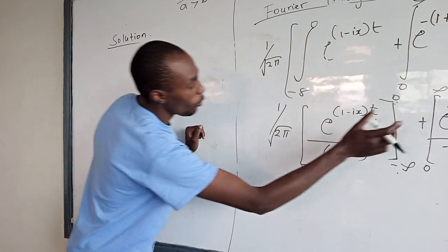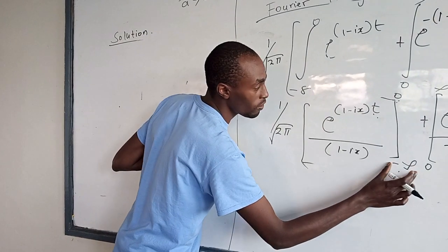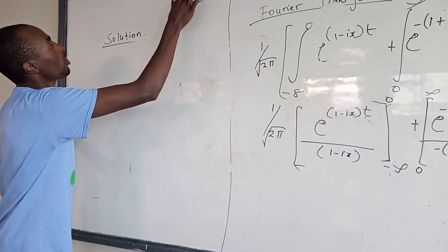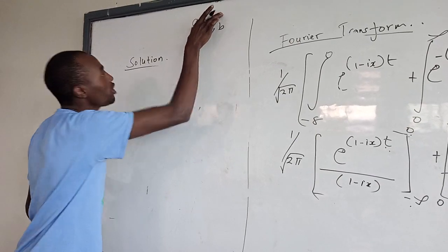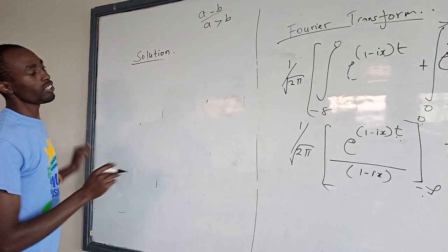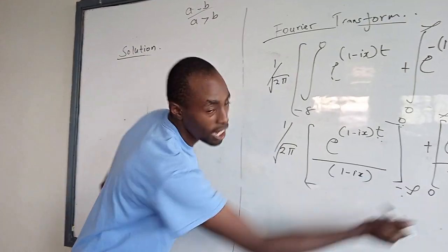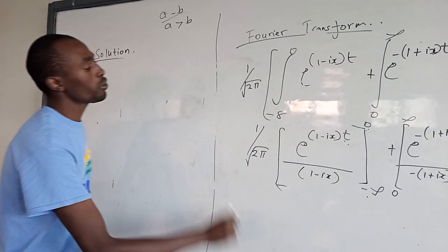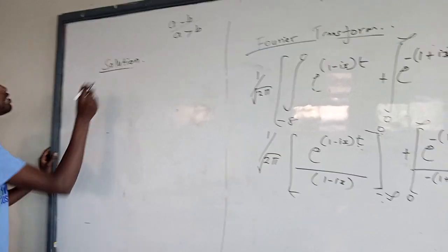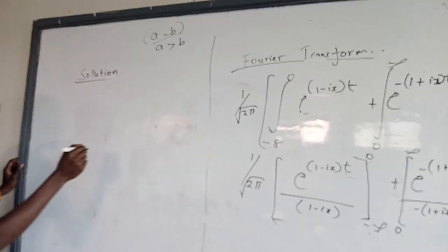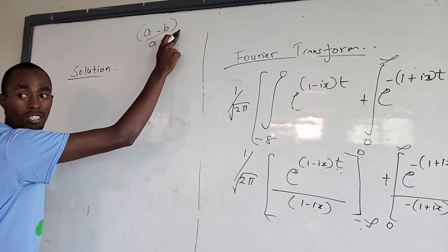So replace where there is 0 and negative infinity correspondingly into this statement here. You have said which is bigger between 0 and negative infinity? 0. So remember it should be in this form: bigger minus smaller.